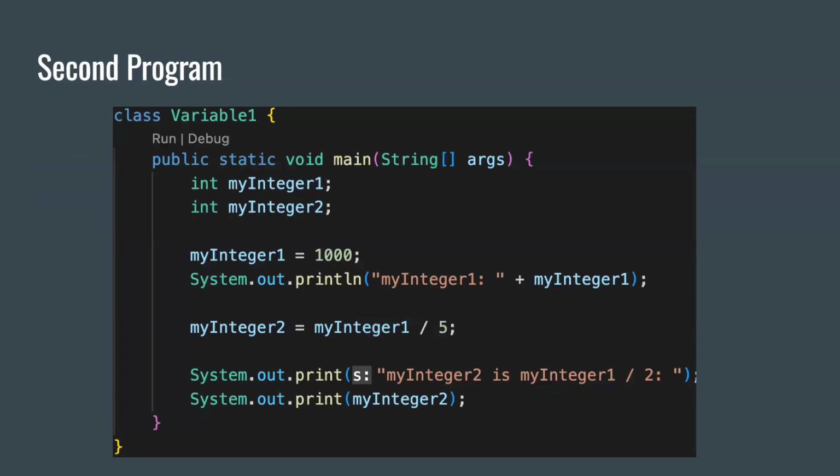Here is a second program that demonstrates two integers. The first integer has 1,000, and you can print that the first integer is 1,000, and then you store the second integer by dividing 5 by 5.